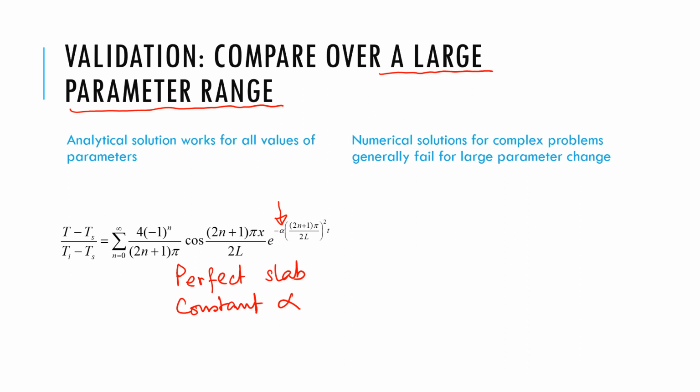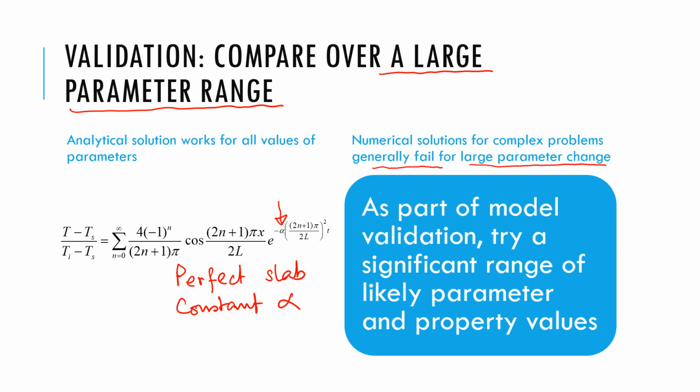So numerical solutions for complex processes generally fail for a large parameter change or a large range. So we need to try, as part of validation, a significant range of the likely parameter and property values, because the numerical model may not work when we change parameters or properties quite significantly, even when it has been validated for one set of conditions.